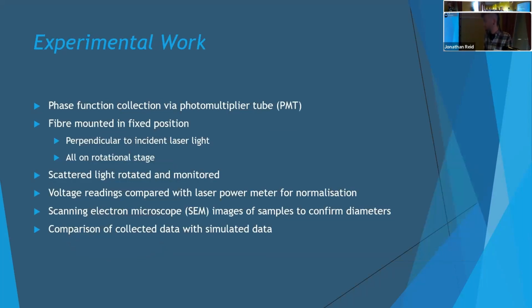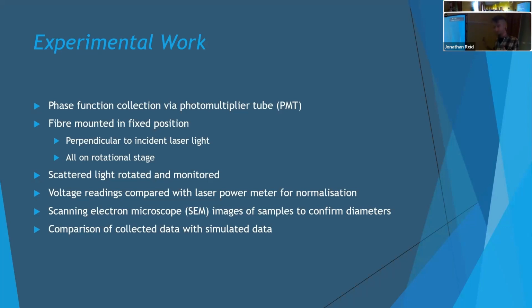To start, for a better idea on how this all worked and to validate some models that I was going to use, I made an experimental setup to collect phase function data from fibers. The fibers were mounted in a fixed position on a rotational stage.